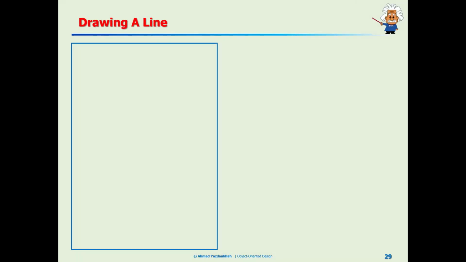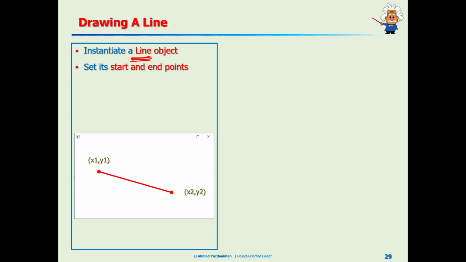For drawing a line, we need first to instantiate the line object. And also we need to set its start and the end, something like this. So this is the starting point, this is the ending point, and that's it.